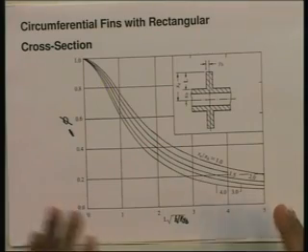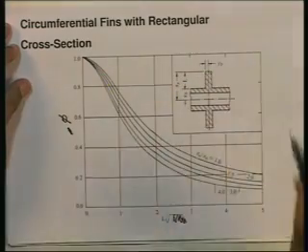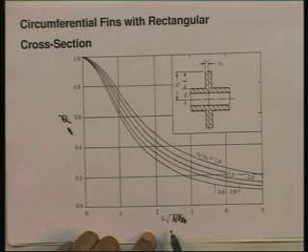In the same way, given a certain circumferential fin with given dimensions x e, x b, y b, etc. Go to this chart, calculate the x axis parameter L into the square root of h upon k y b.